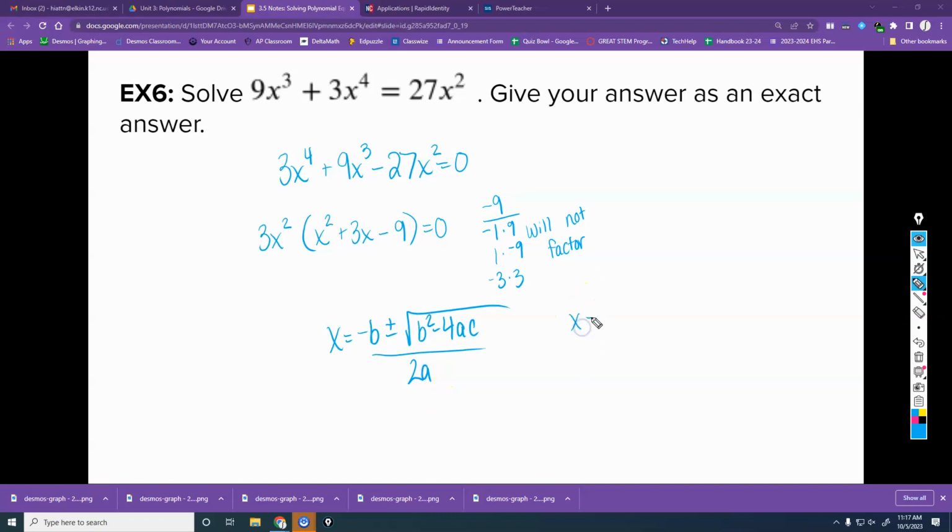So we got to do negative 3 plus or minus square root 3 squared minus 4 times 1 times negative 9 all over 2 times 1. And you're going to get negative 3 plus or minus, that's 36 plus 9, which is 45, I think.